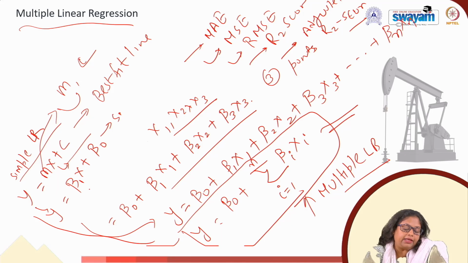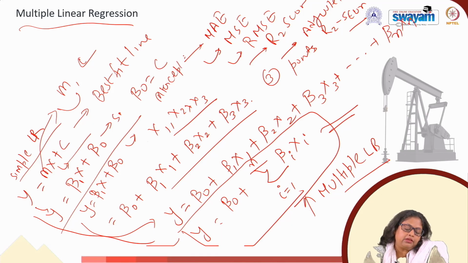Then we started multiple linear regression. In place of y equal to mx plus c, we write y as beta 1 x plus beta 0. Beta 0 is what we call c or the intercept, and beta 1 is the coefficient.